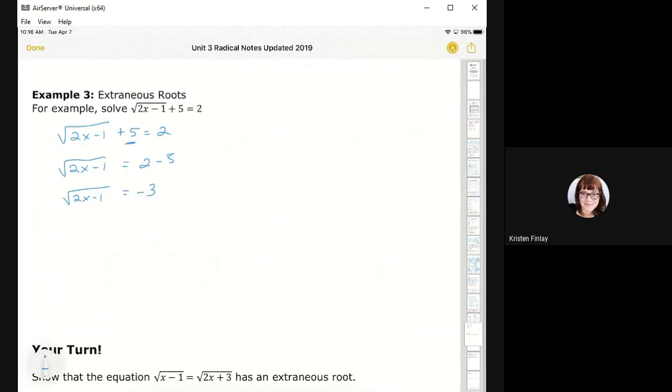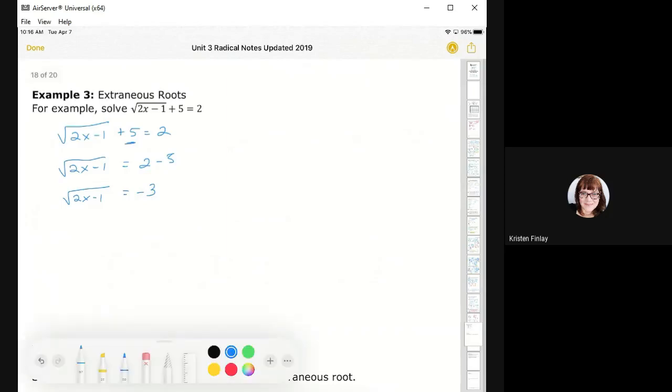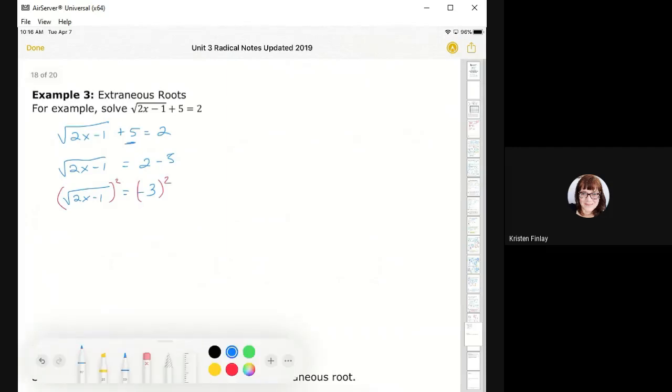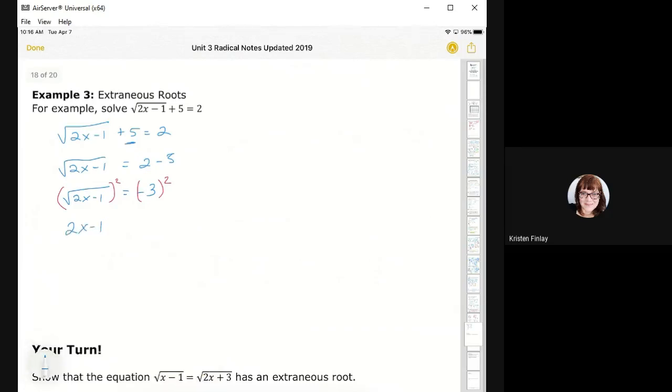Now, we've got a radical here. We want to get rid of that radical. We're going to square both sides to do that. And when we do that, we get 2x minus 1 on this side, and we get +9 here. Now we're just going to solve for x. So 2x is equal to, we move this -1 over by adding, so it's equal to 10. So x is equal to 5.